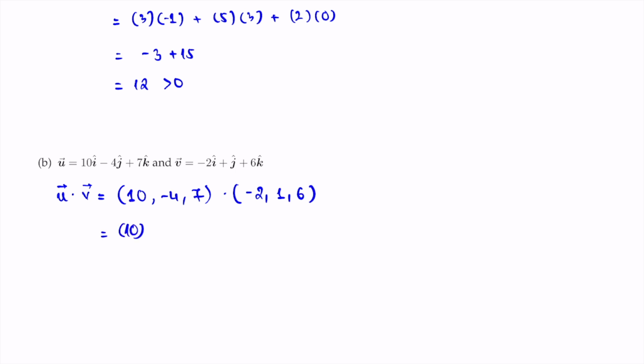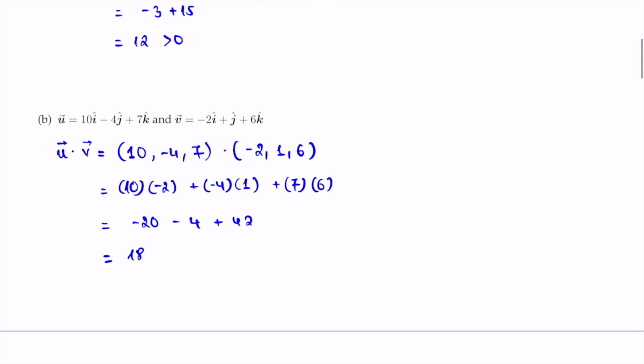So now you get 10 times -2 plus -4 times 1 plus 7 times 6. Then you get -20 minus 4 plus 42. And if you do the calculations correctly, you get 18 for the answer. Again, the dot product gives you a positive number or positive scalar, and it means something a little bit later.